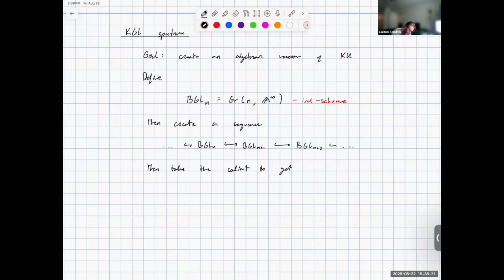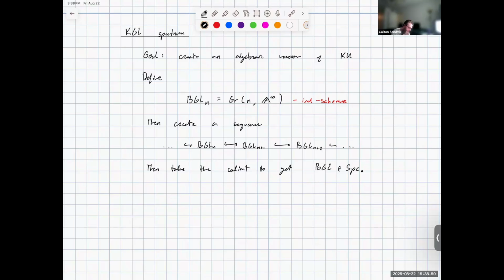to get BGL, which again is just in our category of spaces. It's also pointed, because there's always a canonical zero-dimensional space, and we can just look at that as a point in this infinite union.